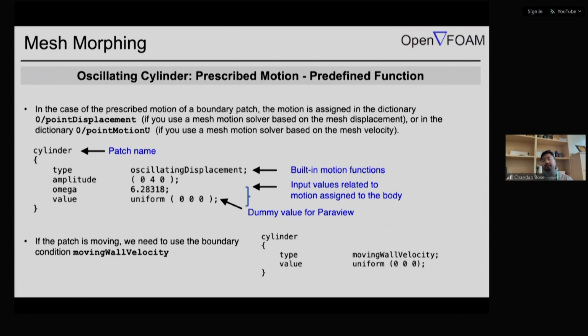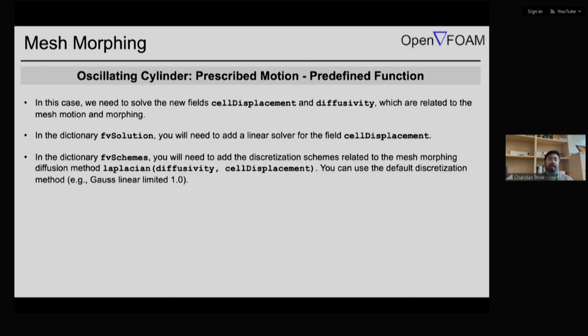And in the boundary condition, as I said, within the zero folder, we change the boundary condition of the cylinder patch to moving wall velocity. All right. And then we choose different types of motion algorithms such as the diffusivity function, etc. And accordingly, we change our FV schemes or FV solution scheme to allow us to move the body.